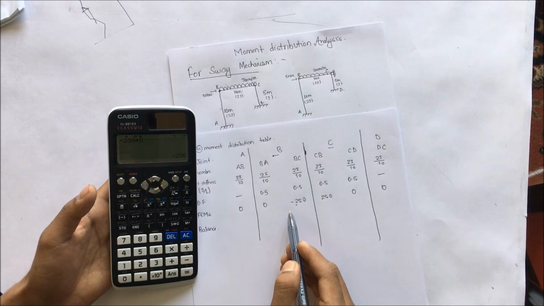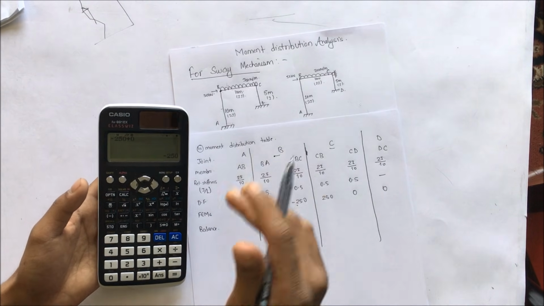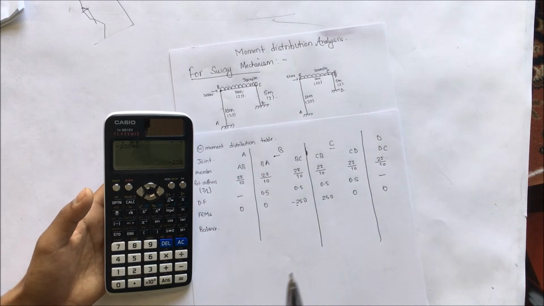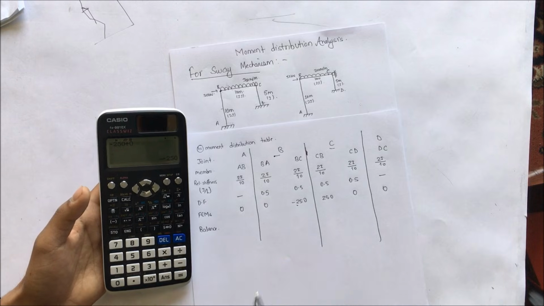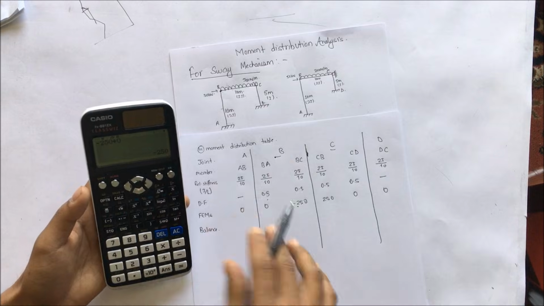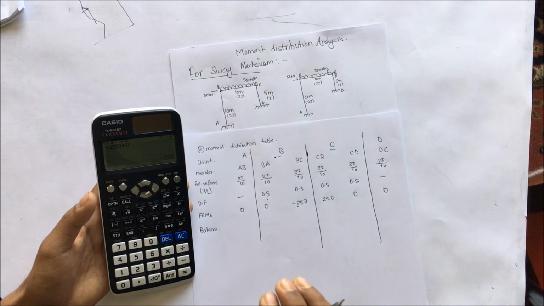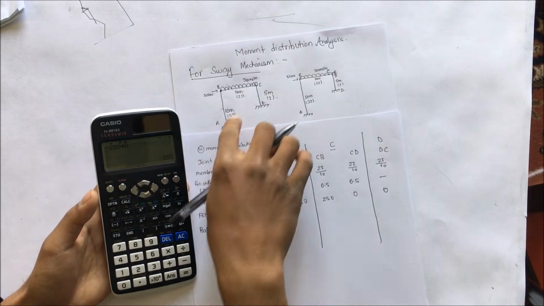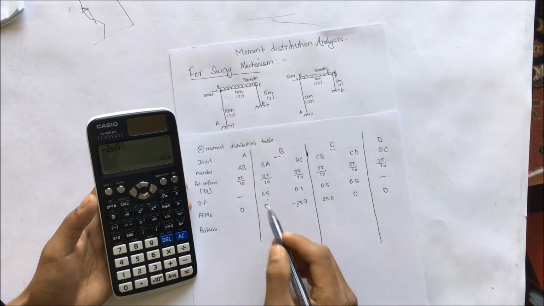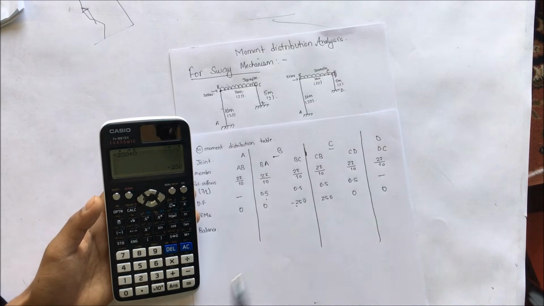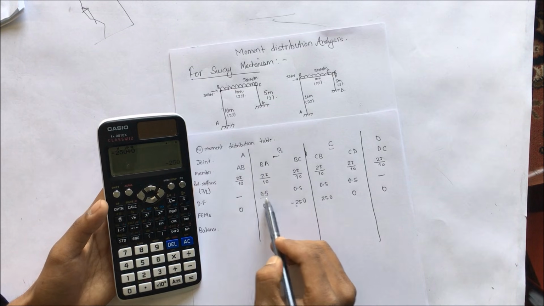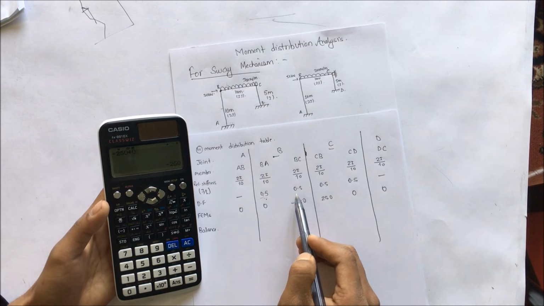Now you have to balance this load. Which member takes how much moment is given by the distribution factor. The 250 is the load moment at point B, and this has to be balanced, and some part of the moment will be balanced by portion BA and some part by portion BC. That depends upon the distribution factor of the respective member.